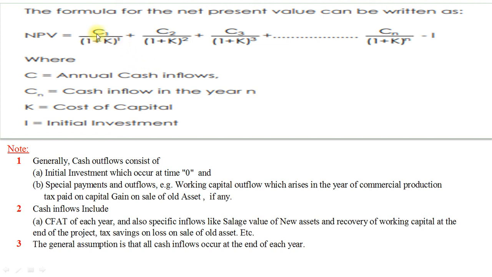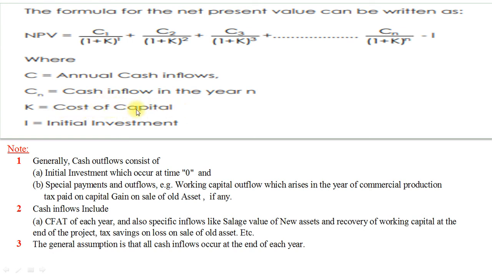So when we say C1, it means the annual cash inflow of the very first year of the project, that is at the end of the year. C2 is equal to the annual cash inflow at the end of the second year. C3 is equal to the cash inflow at the end of the third year, and Cn is the cash inflow of the nth year, or you can say the last year of the project, and where K is equal to cost of capital.